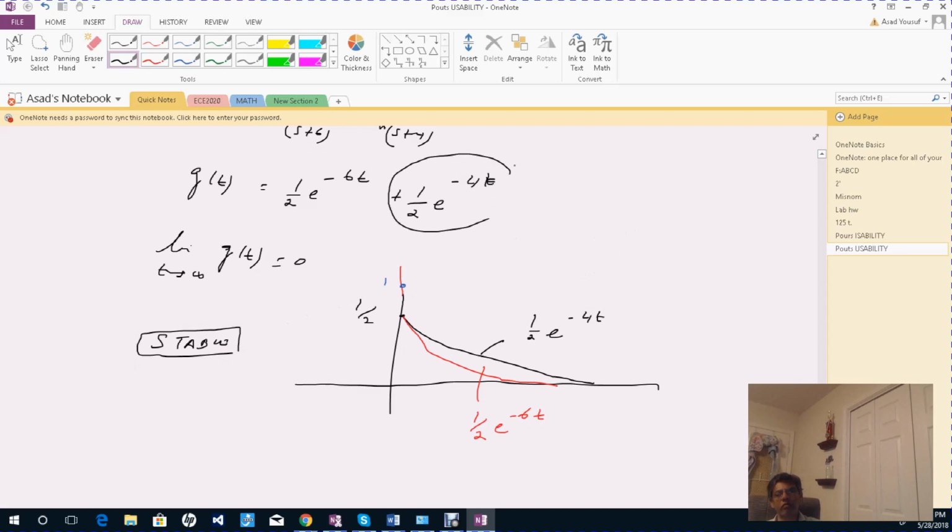Both of these terms, e^(-4t) and e^(-6t), are also known as the natural response of the system. For the system to be stable, the natural response must go to 0 as t goes to infinity.